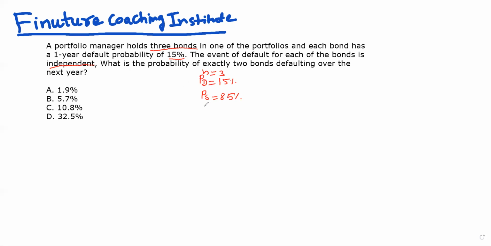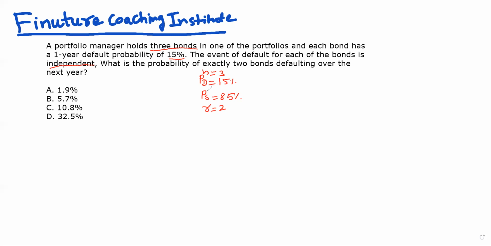If you recollect the formula of binomial distribution, it has two components pertaining to the total number. One is the total number, which is 3, and out of which some are defaulting, or any other situation, in case it's not default. It could be any other event also.